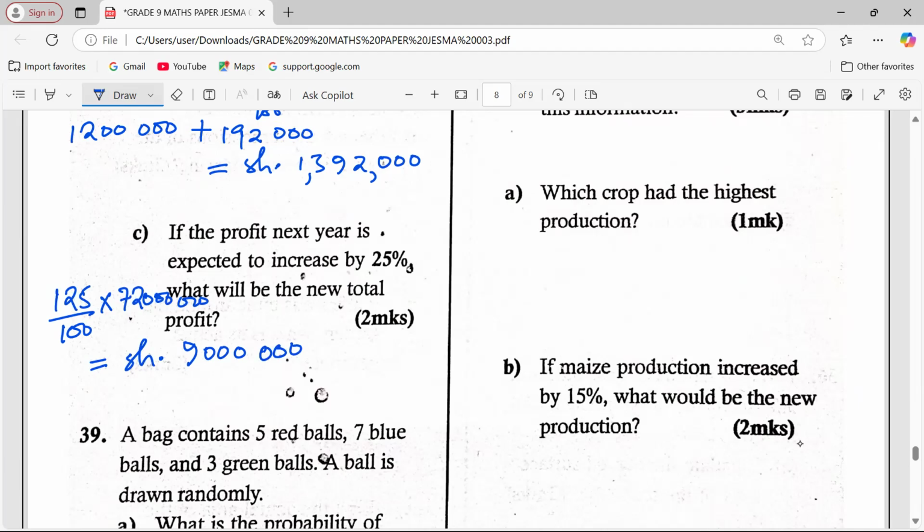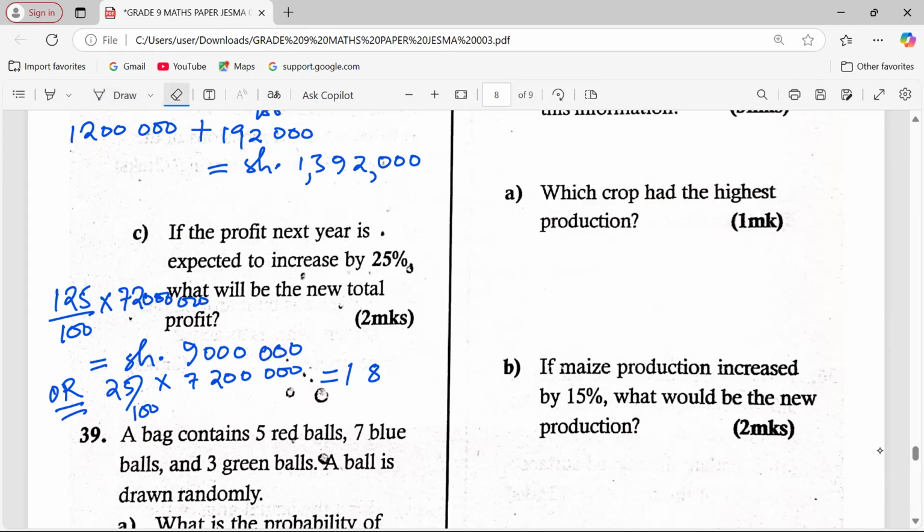Again, we can work this one alternatively. A 25% increment on 7.2 million is going to give us the alternative working now. So 25% on 7.2 million, we expect an increase of 1.8 million.